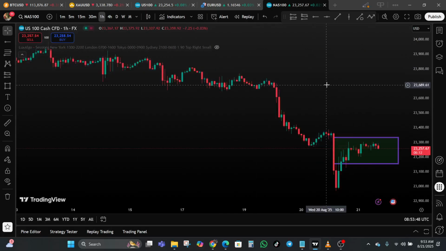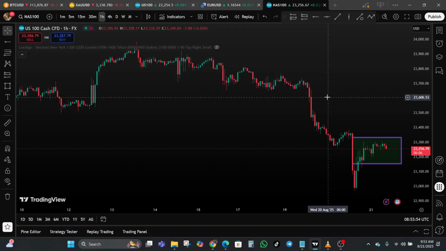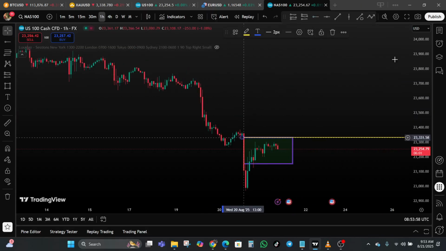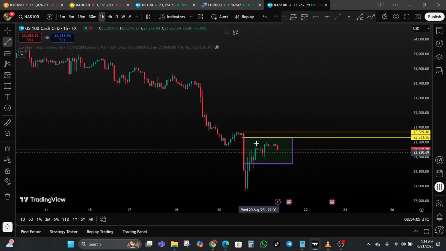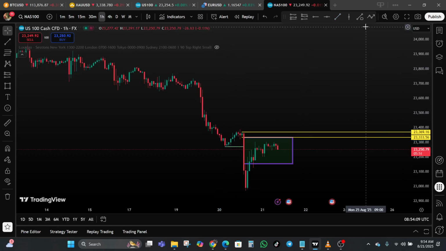Watching how price interacts with these levels helps you anticipate continuation or rejection. In this case, you can see that we actually had a bearish order block around here, which is the last bullish candle before this break of structure.